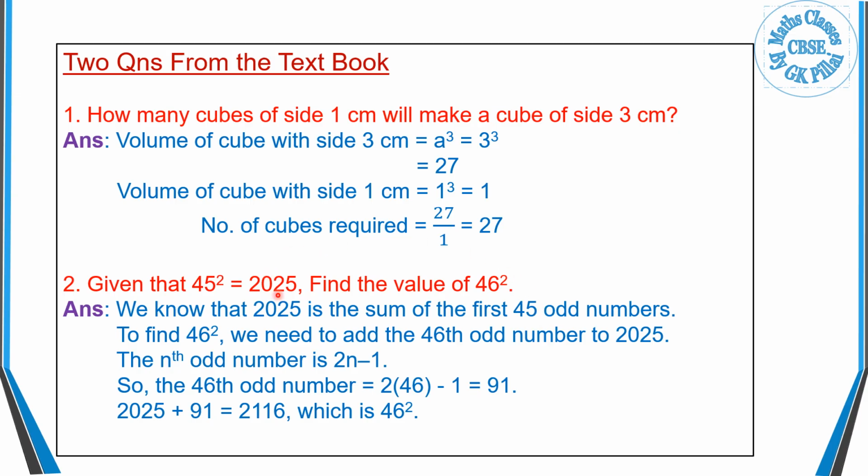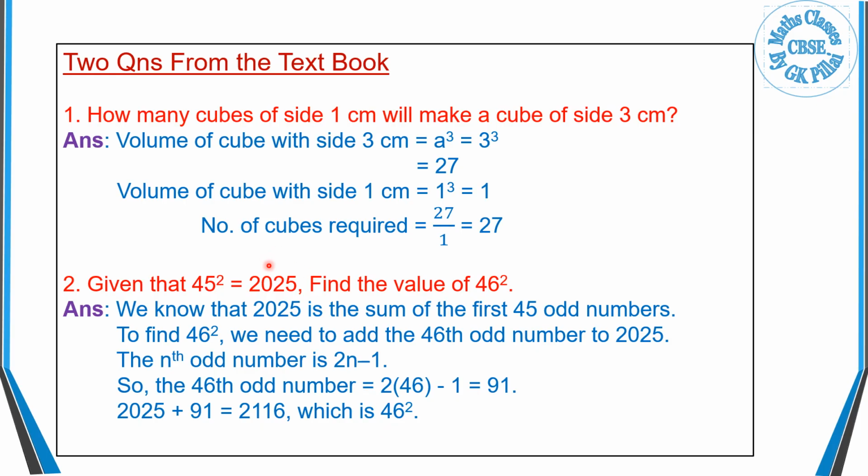This is what I explained before also. Now to find 46 squared, we have to add the 46th odd number to this one. So the formula to find the nth odd number will be 2n minus 1. So the 46th odd number will be 2 into 46 minus 1, that is 91. We will add 2025 and 91 to get the value.